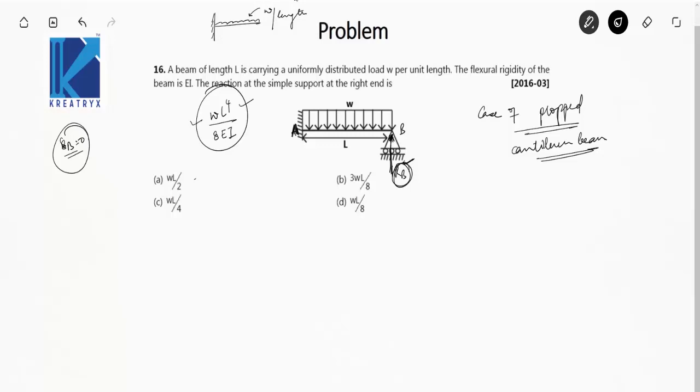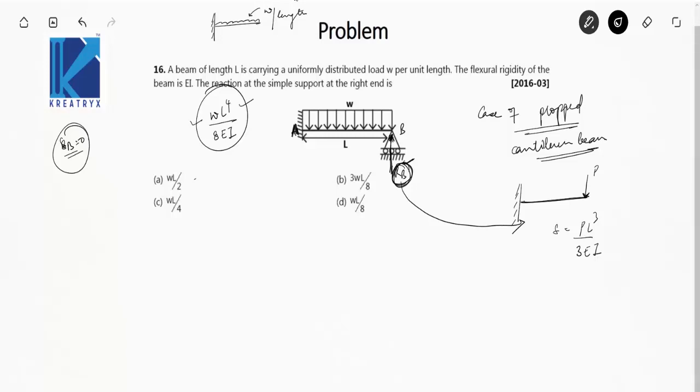We also know that when a cantilever beam is loaded at the free end by a point load P, its deflection is PL cube by 3EI. So can I say that this reaction is actually exerting a deflection PL cube by 3EI in the upward direction.